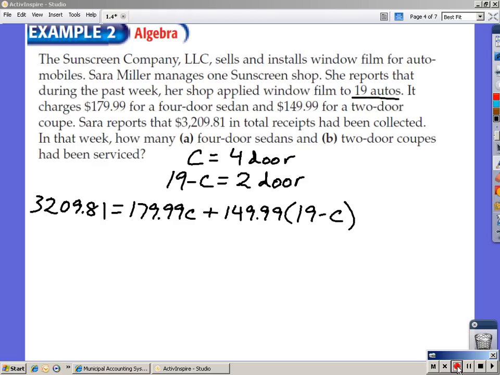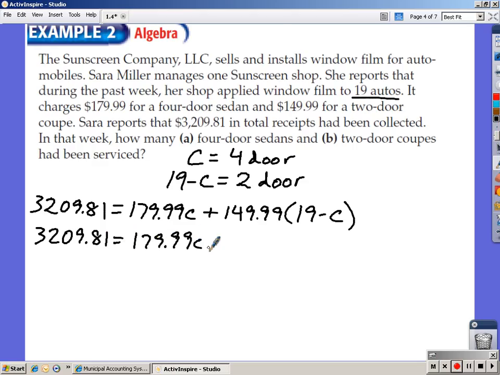All right, now that we've got this thing set up, we just need to work it out. 3,209.81 equals 179.99C, plus we have to do distributive property here. 149.99 times 19, 149.99 times C. 149.99 times 19 is 2,849.81 minus 149.99C.